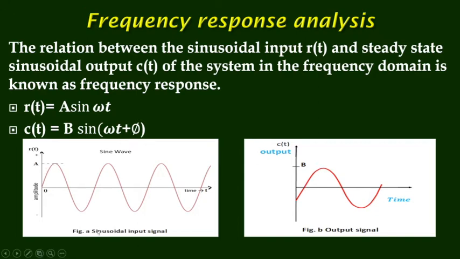For the standard sinusoidal input signal, the system gives a sinusoidal steady state output. So c(t) is equal to B sine omega t plus phi, where B is the amplitude of the output, omega is the frequency of oscillation, and phi is the phase angle difference between input and output.